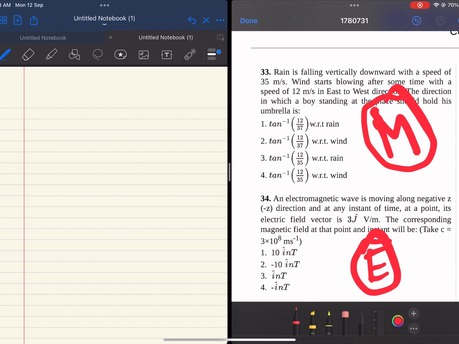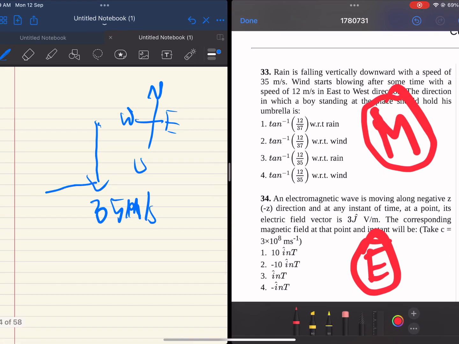And if you see, the wind is blowing in the east to west direction with a velocity of 12 meters per second. So the net direction of rain will be in this direction. Velocity of rain net. This is velocity of rain with respect to wind and velocity of the wind.